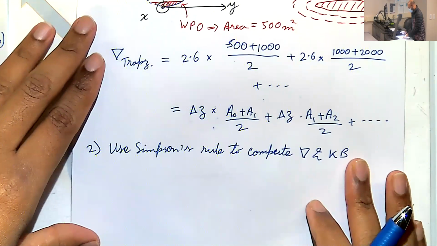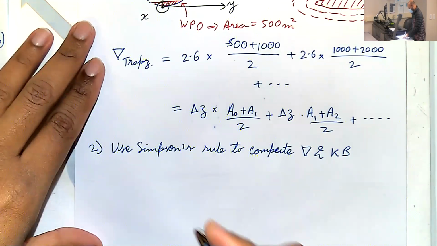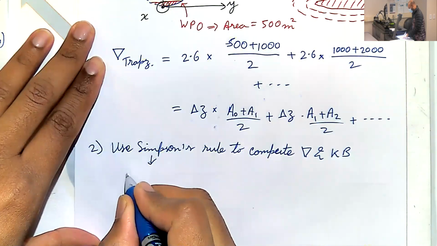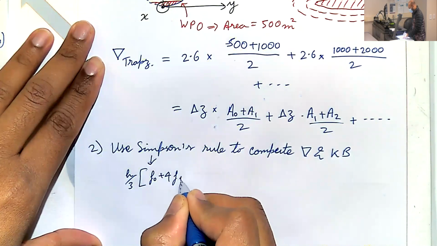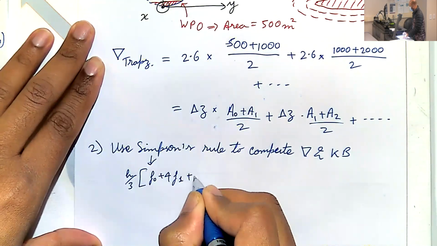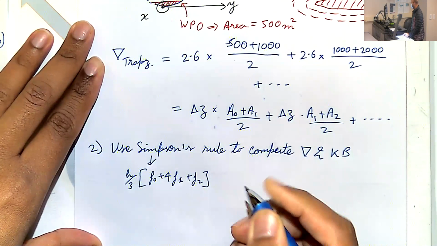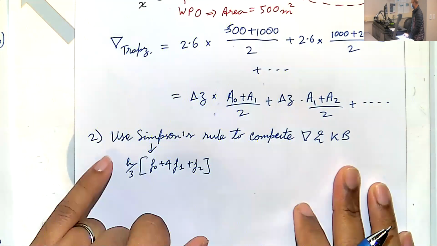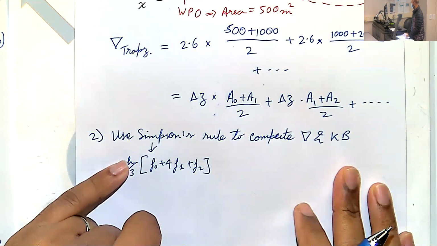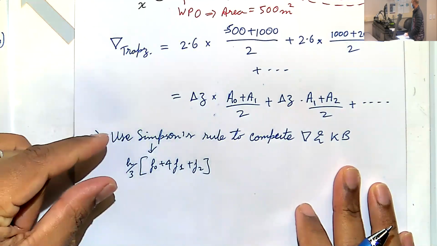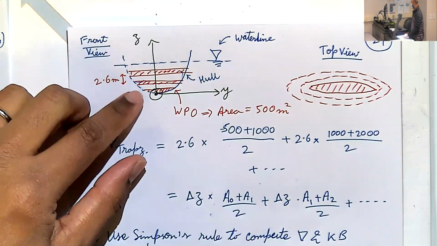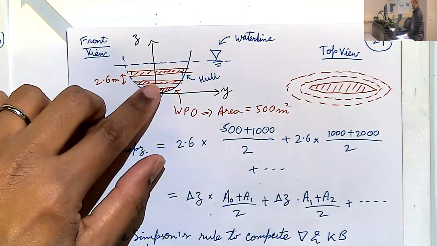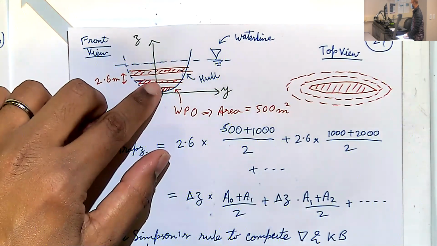Okay, so let me write the formula first. So this is H over 3 F0 plus 4 F1 plus F2. All right. So again, H over 3, think about what H represents. It represents the smallest subinterval width. And we know we need 3 points. So we need the bottom, the middle point, and the top point.